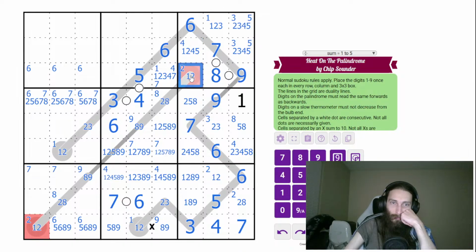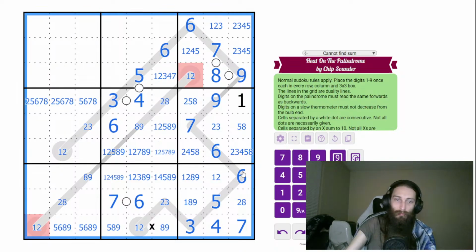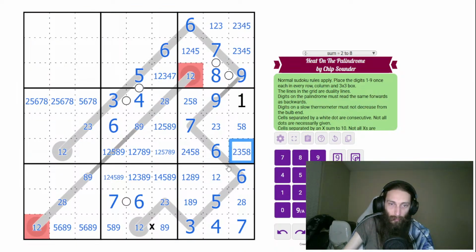So the 4 would get forced there at 2, so that's 3, 5, and 1. Gives you an 8 and a 2. But if that's a 1, that's a 2, and you get 2 2s. So this cannot be a 4, so that one has to be.